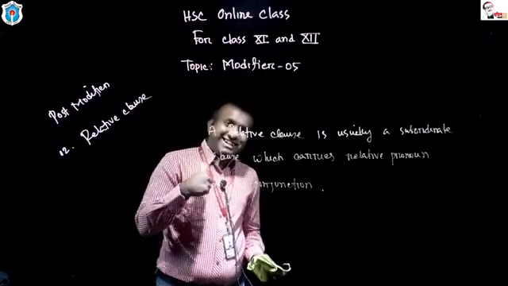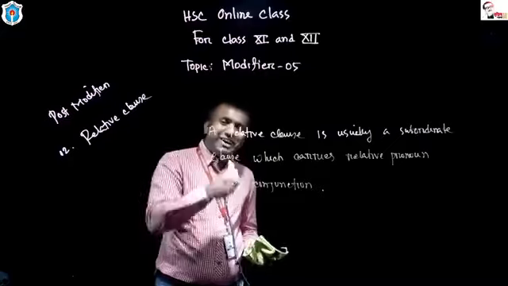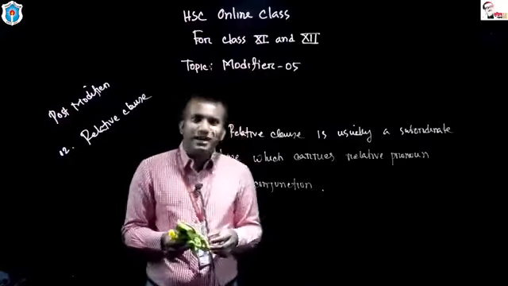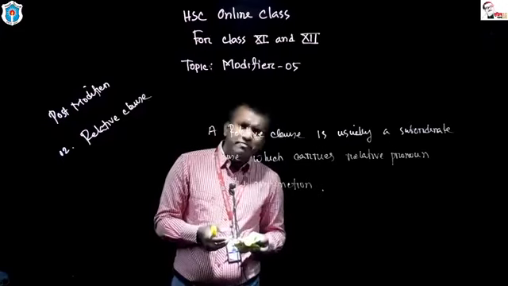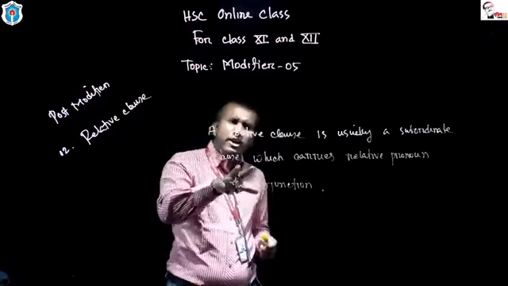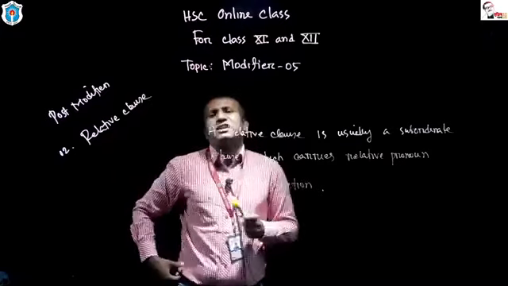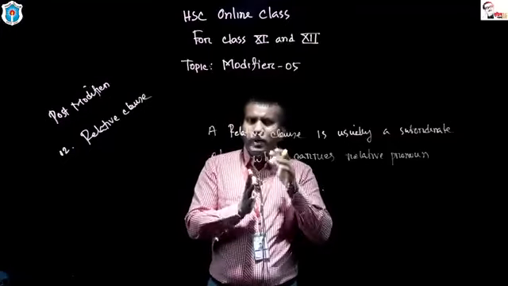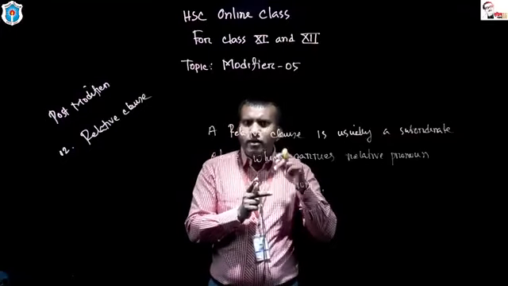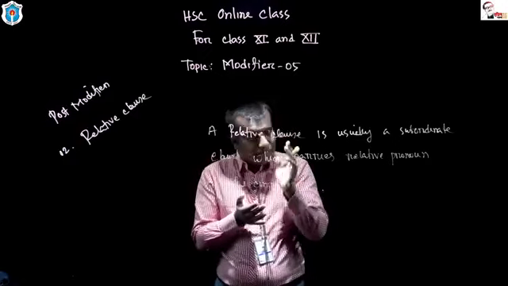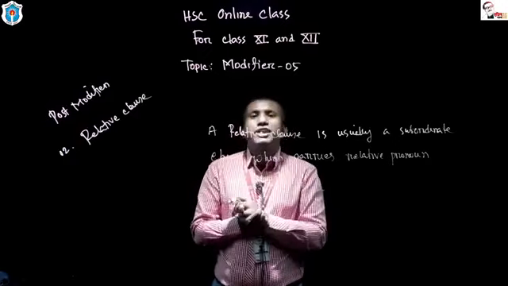The color of my shirt and the color of the writing has become similar. That's why you find it difficult to notice clearly. So my dear students, a relative clause is usually a subordinate clause which carries relative pronoun as the conjunction, and this part must be a subordinate clause.